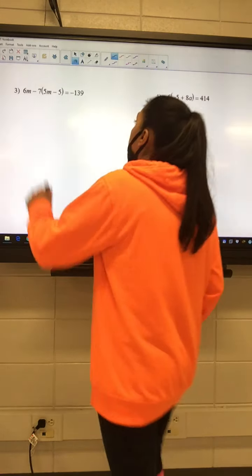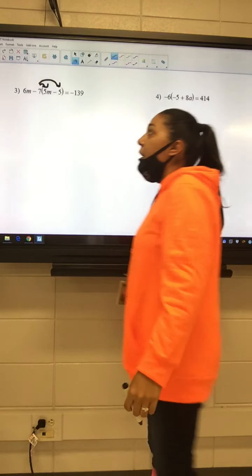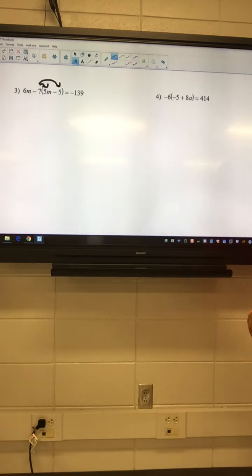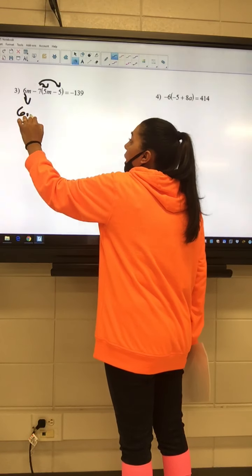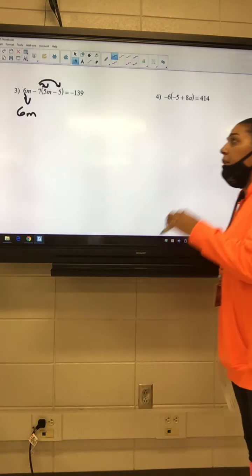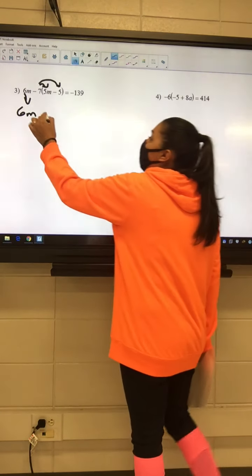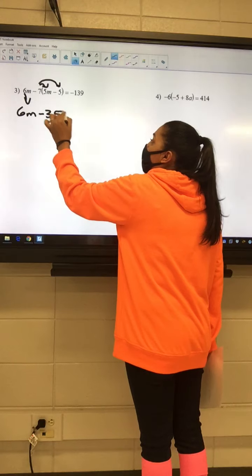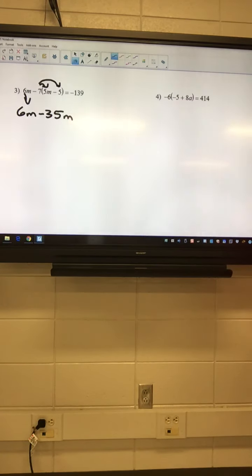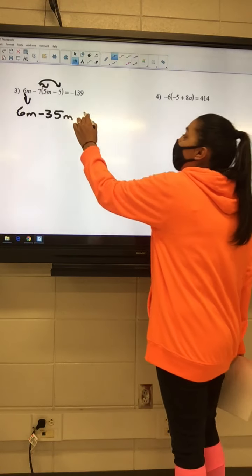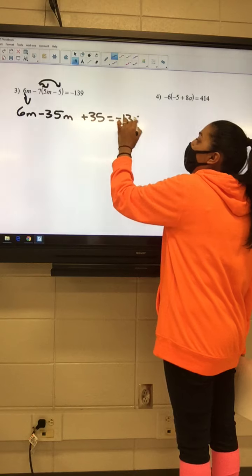Okay, so we're going to do our parentheses. Make sure that you use the sign that's in front. So we know that the 6m is for sure going to be dropped down. So negative 7 times 5m is going to be negative 35m. Negative 7 times negative 5 is going to be positive 35 minus 139.